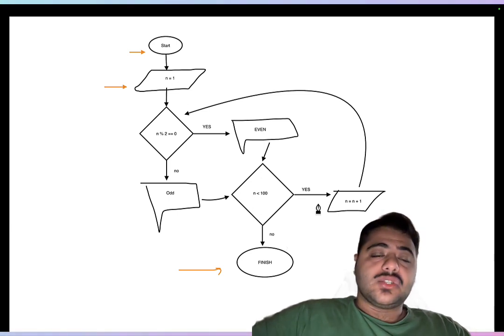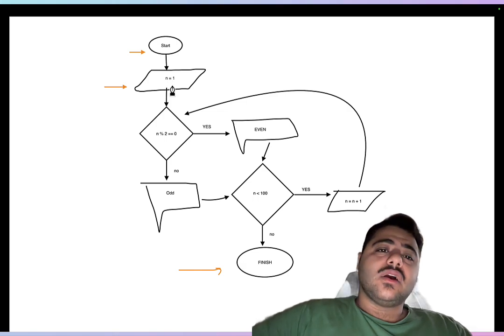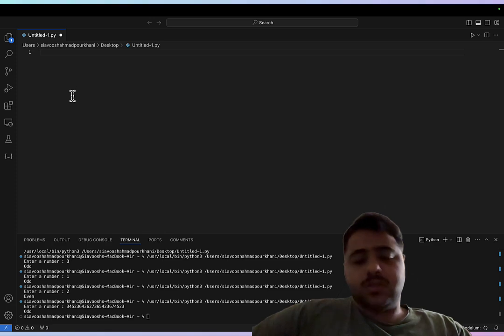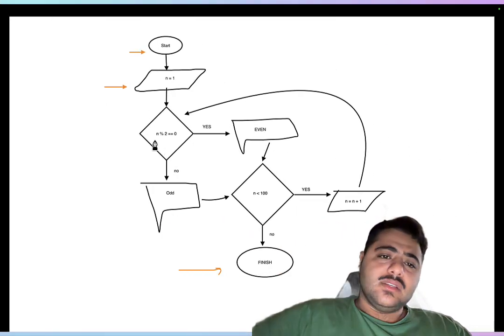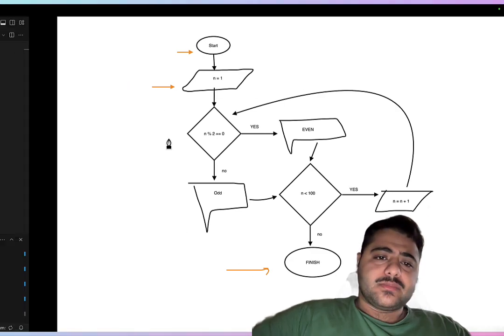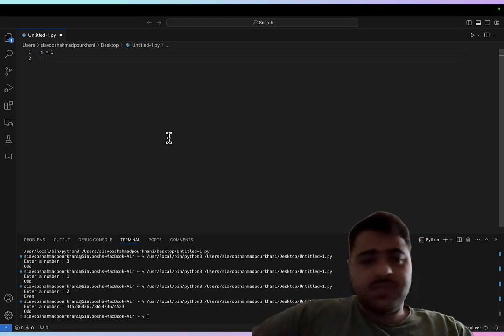So let's write this. It starts with n is equal to 1 and it has no input. I'm going to say n is equal to 1. That's it. And then it checks if a number has a remainder when dividing by 2.